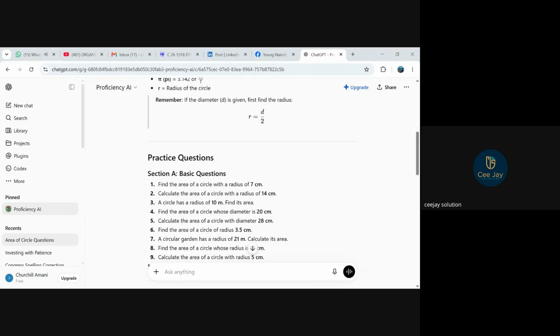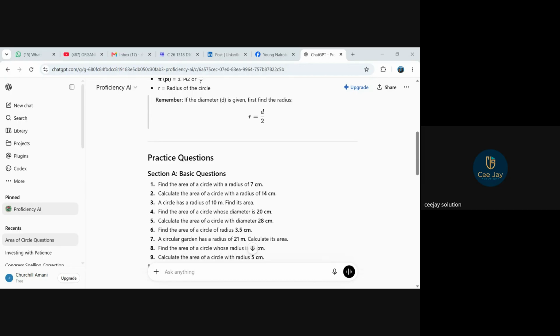Then the next question, which is question 5, is asking, calculate the area of a circle with diameter 28 centimeter. Again, I'll repeat, calculate the area of a circle with a diameter 28 centimeter.